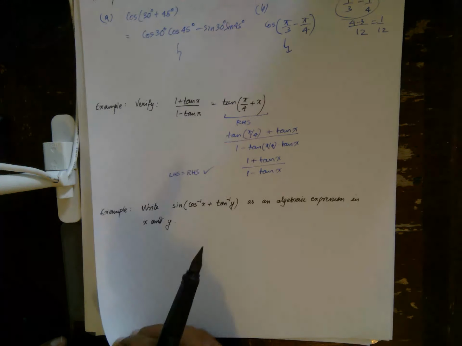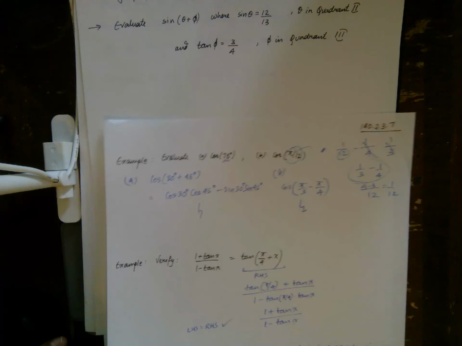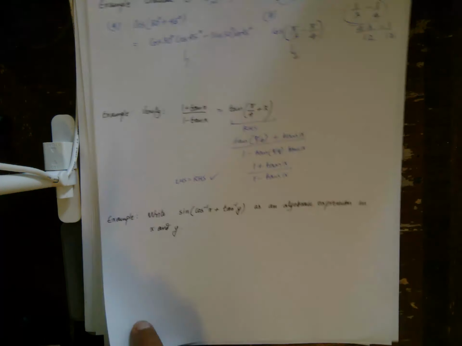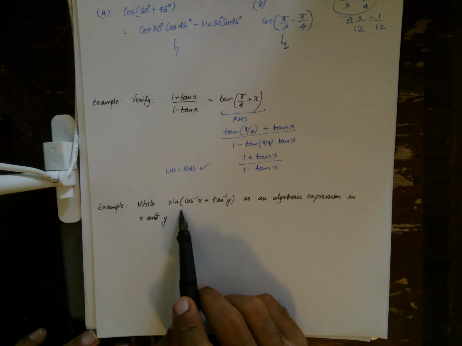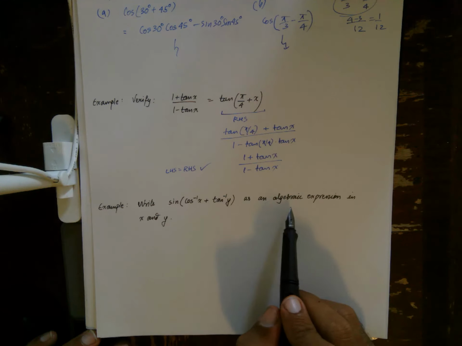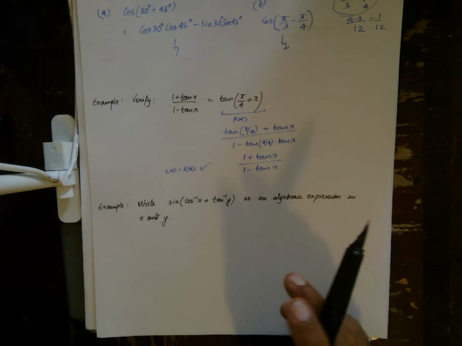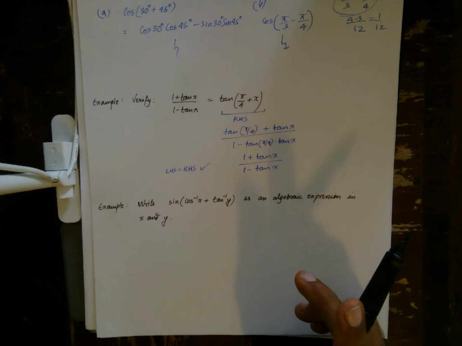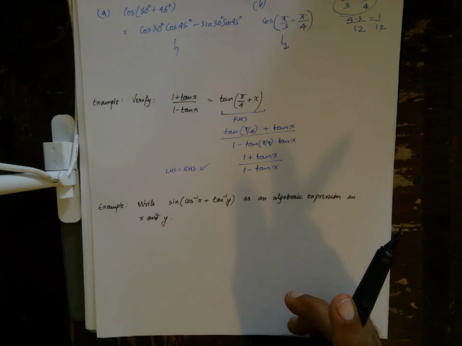Now here's a slightly different kind of problem. Write sine of cosine inverse x plus tan inverse y as an algebraic expression in x and y. Now recall, we did something like this in week 1 when we looked at how to algebraically express composition of trig functions with inverse trig functions.